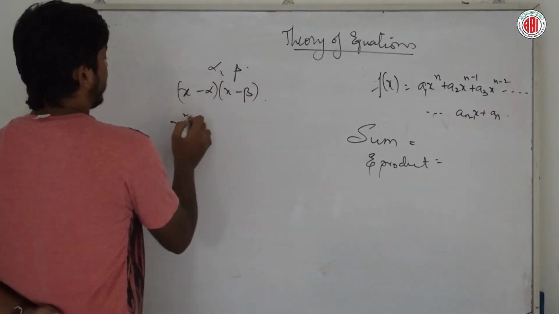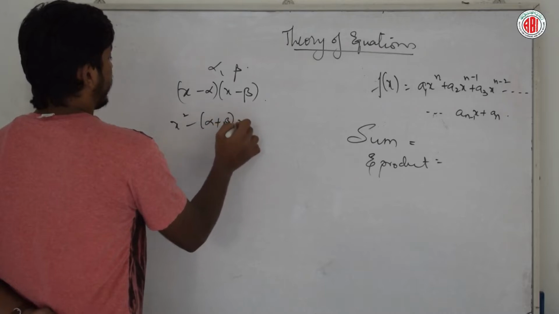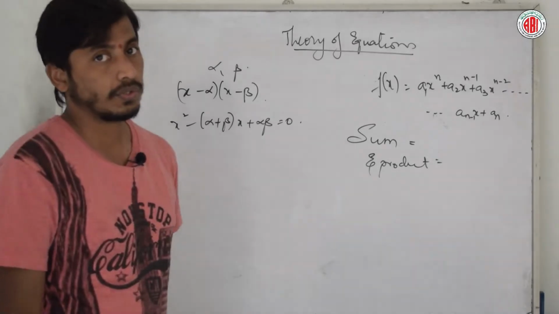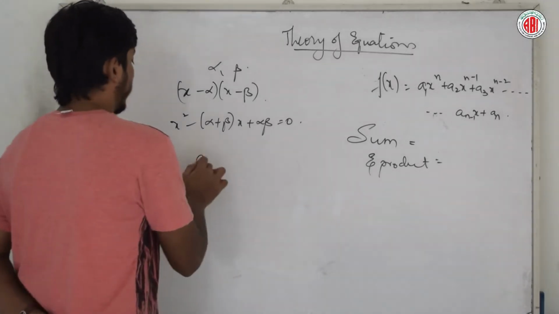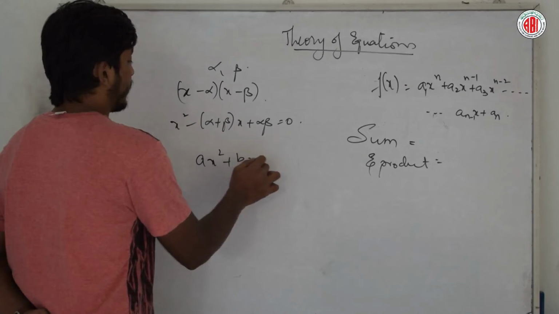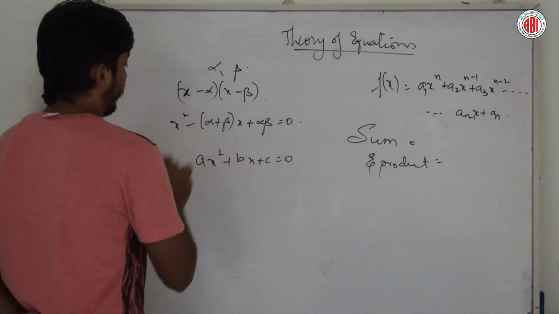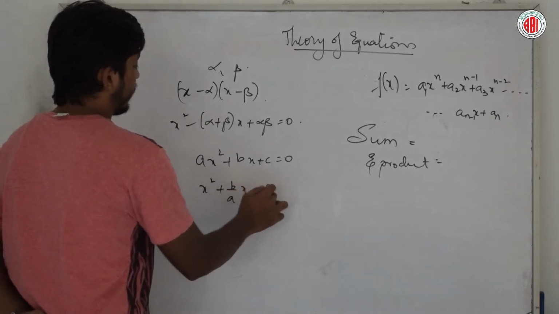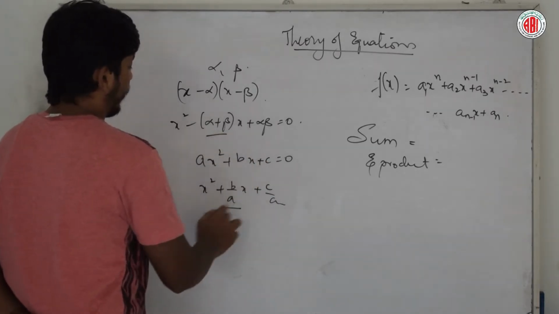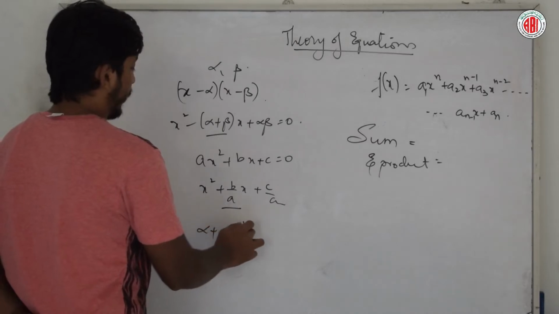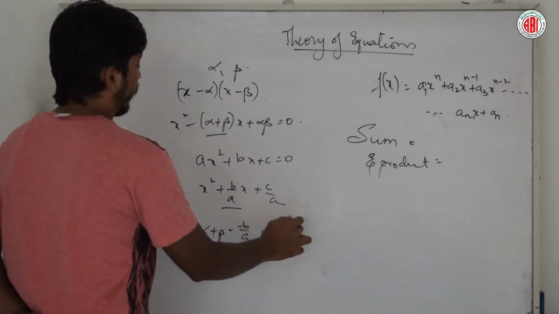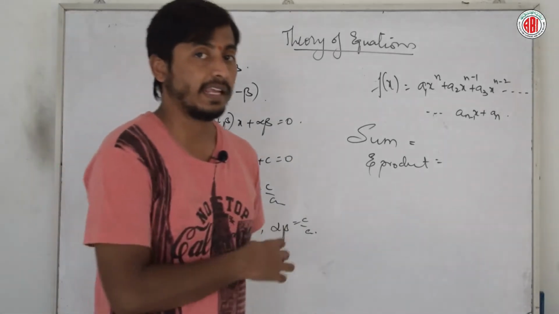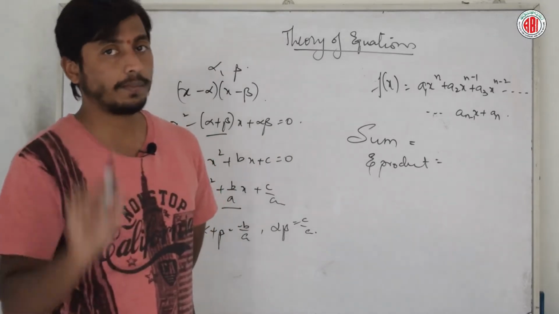If I multiply, I will get x square minus (alpha plus beta) x plus alpha beta equal to 0. So from this, if ax square plus bx plus c is equal to 0, if I take a common, I will get x square plus b by a x plus c by a. If I compare it, I will get the sum of roots as minus b by a, product of roots as c by a. Yes, if it is a simple quadratic polynomial.